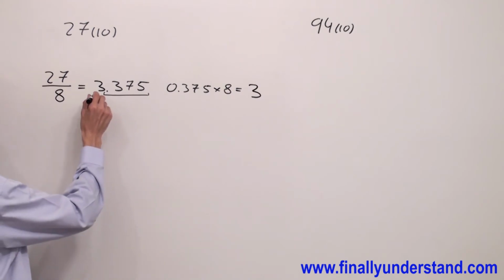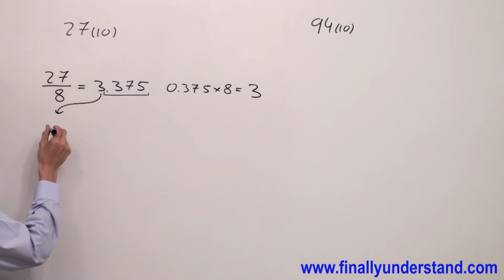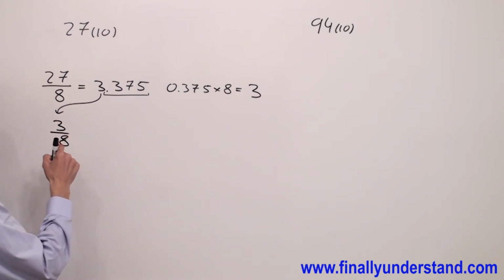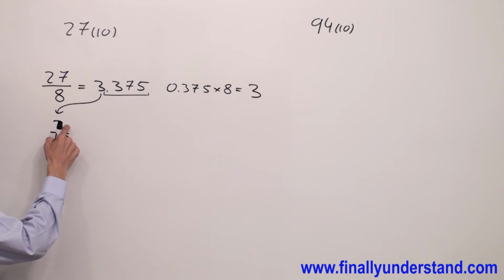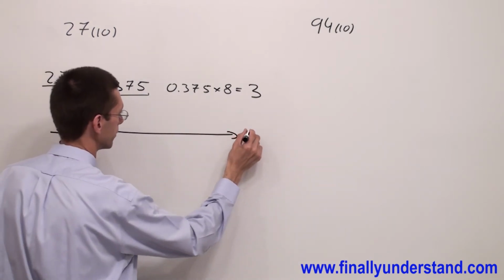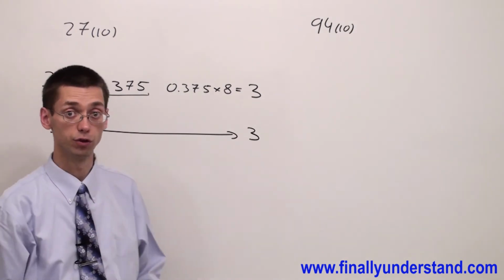Next, you're supposed to take the whole part of the number and again divide by 8. 3 divided by 8. Please notice that anytime the numerator is less than the denominator, you're supposed to simply copy the numerator to the side. And basically this is the end of my division.